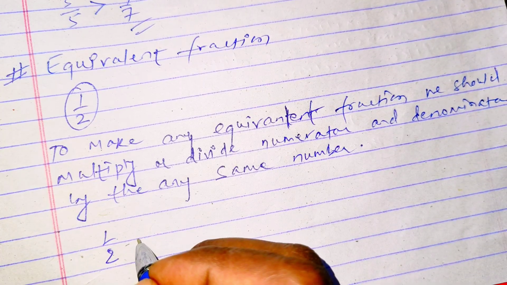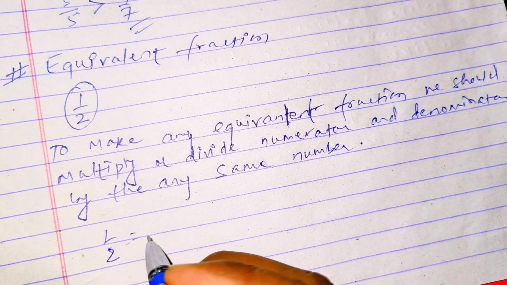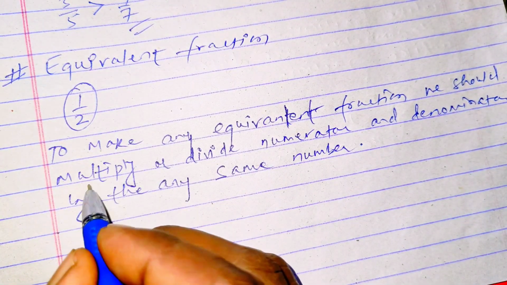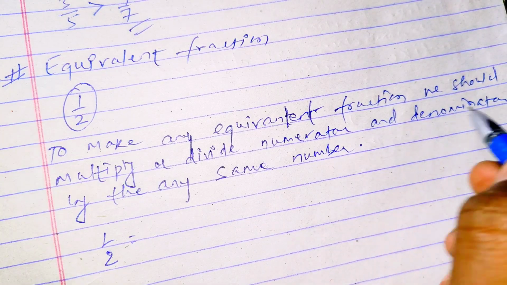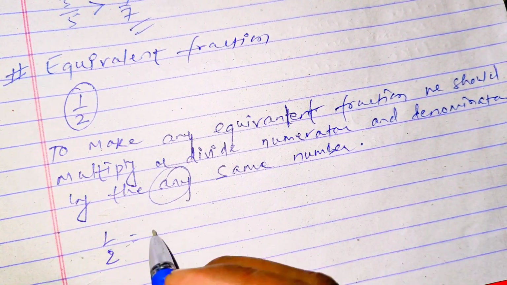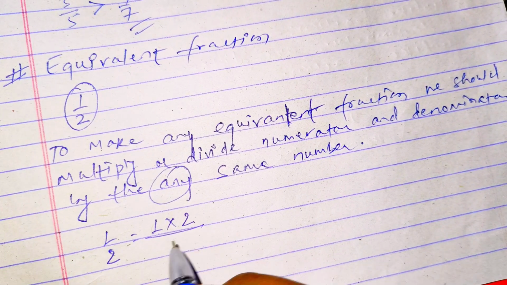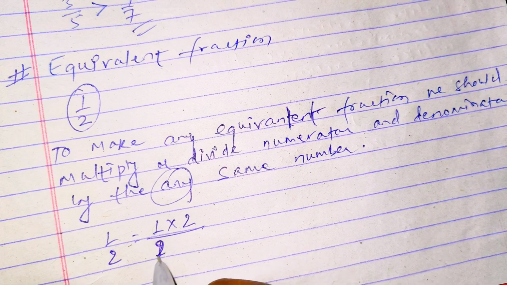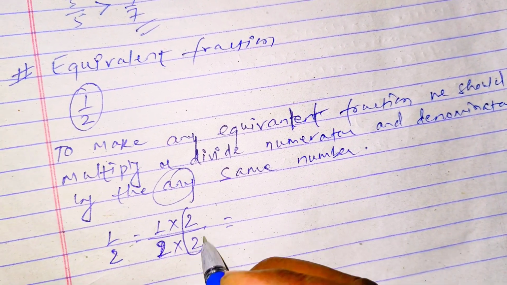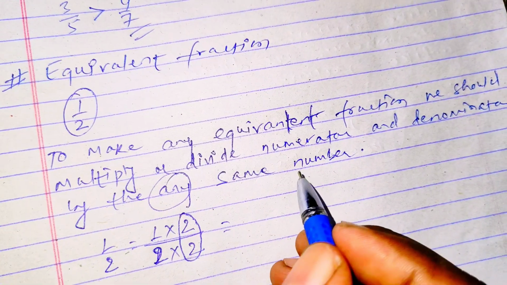We have to make the equivalent fraction of this fraction. So how to make it? We multiply or divide the numerator and denominator by the same number. The numerator is multiplied by 2, and the denominator 2 is also multiplied by 2. So we multiply the same number in numerator and denominator to make an equivalent fraction.